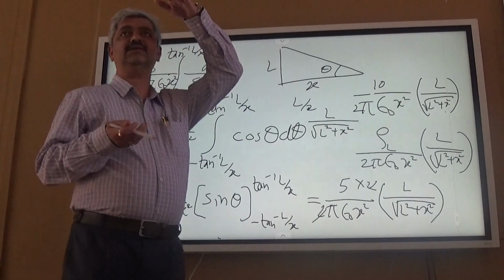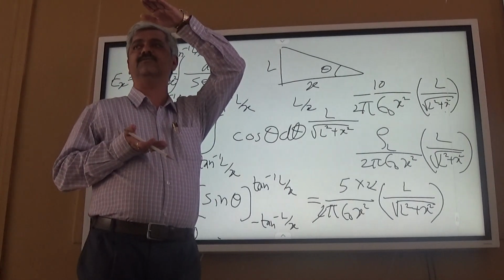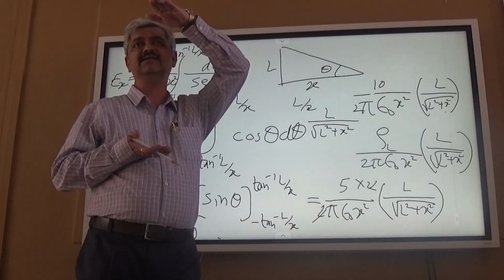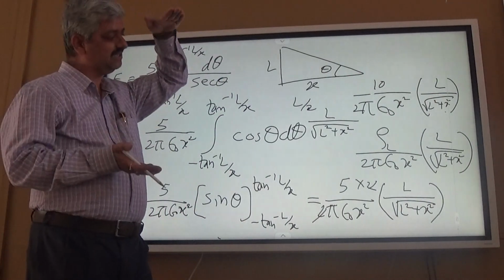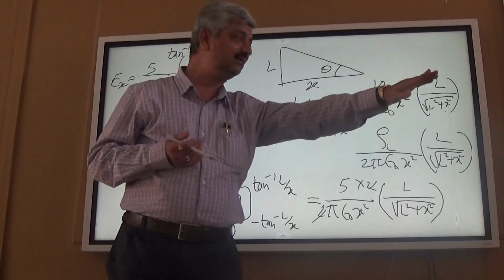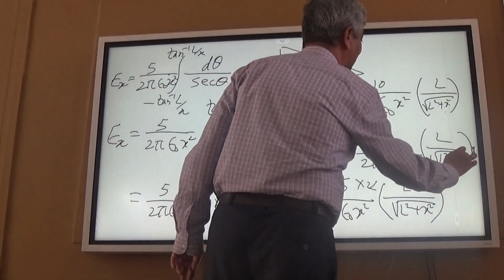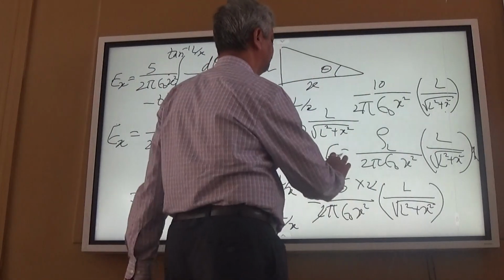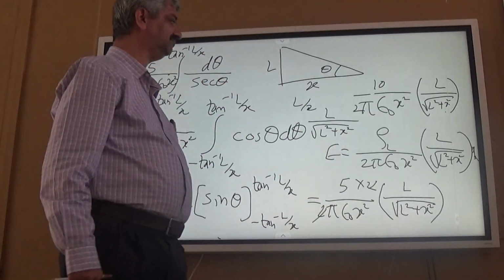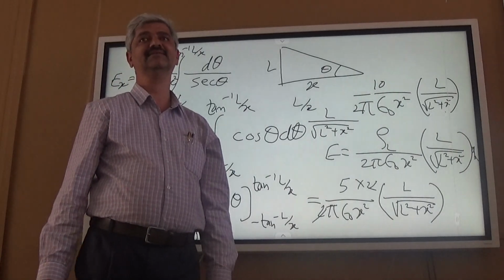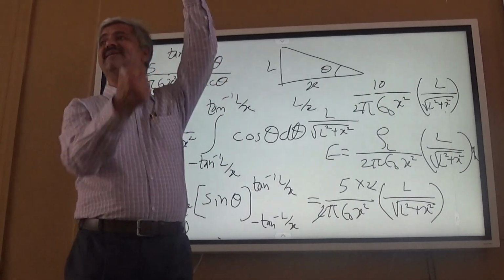If I have got a line of uniform charge density rho L coulombs per meter, then at a distance x from the center, electric field E is this into AX. And what will happen if L goes infinity? An infinite line charge, what will happen?